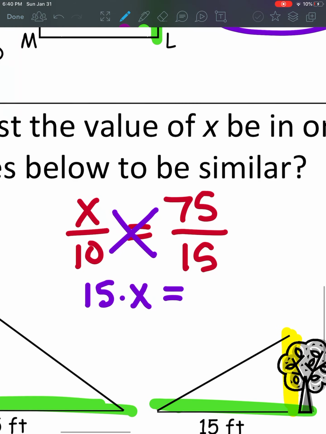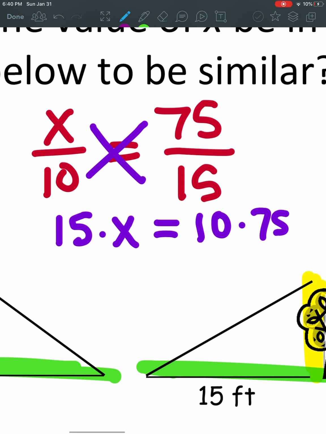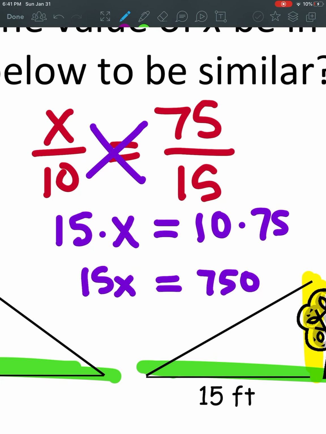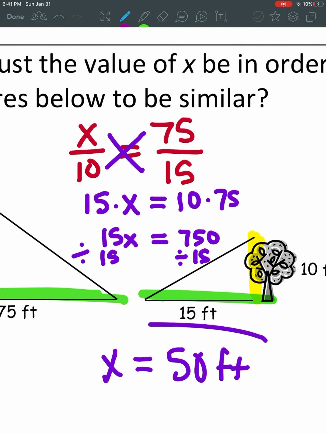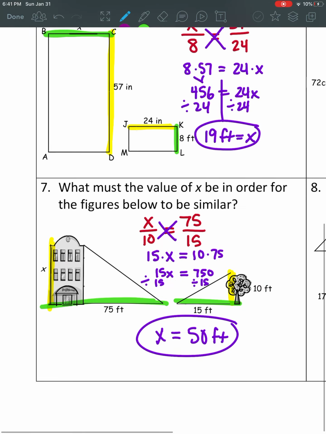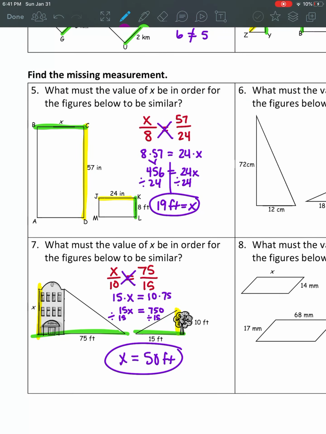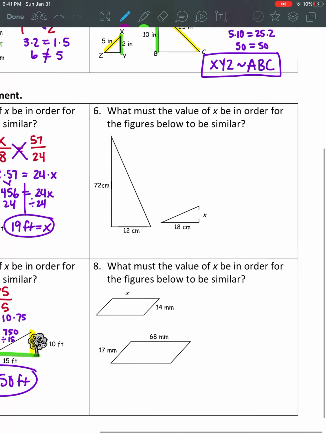And you can probably hear the crew just singing along out there. 15 times x is one side, 10 times 75 is the other. So we'll do 750 on the right side. And then we'll have to divide by 15 to get x by itself. So x is 50 feet.